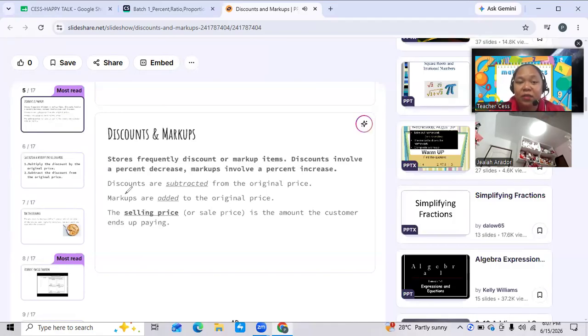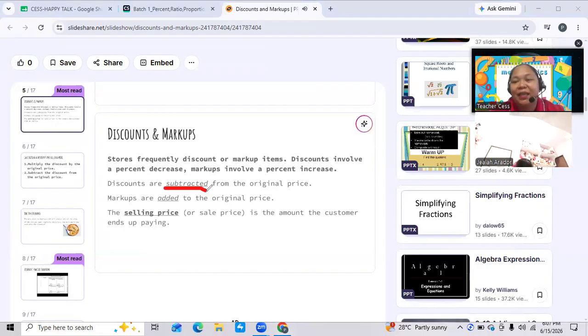When we say discount, discounts are subtracted from the original price, meaning the benefit goes to the customer. This benefits the customer because they will have a discount, or lessened price, to the original price.